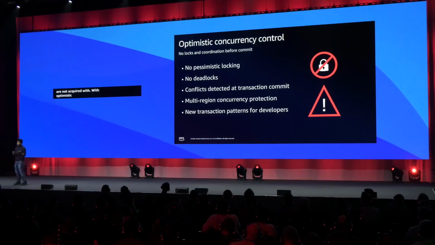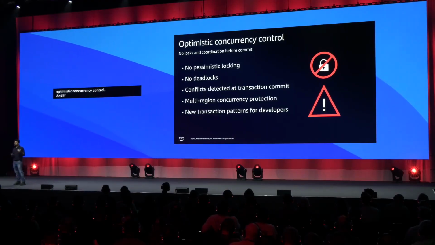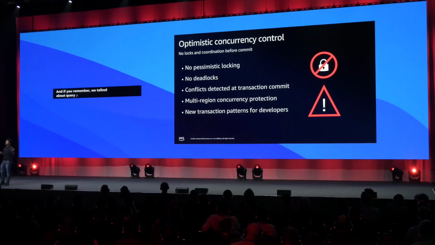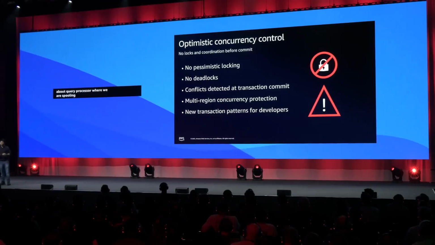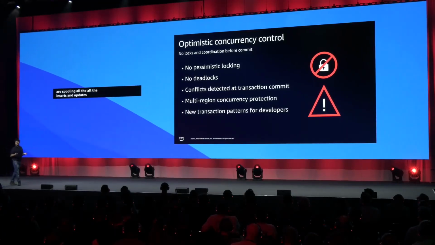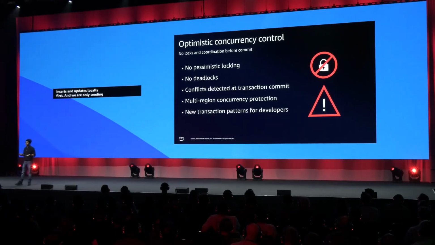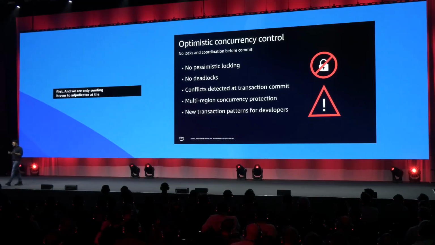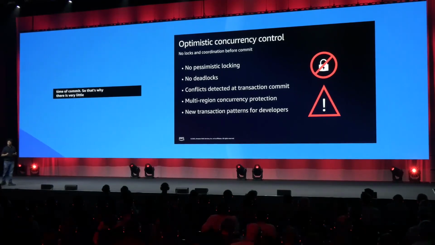And if you remember, we talked about the query processor, where we are spooling all the inserts and updates locally first, and we are only sending them over to the adjudicator at the time of commit. So that's why there is very little cross-region chatter as well, right, when we are using optimistic concurrency control.